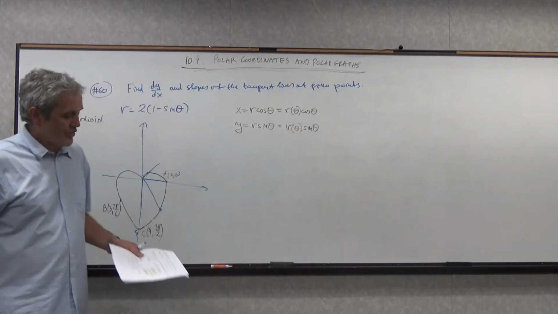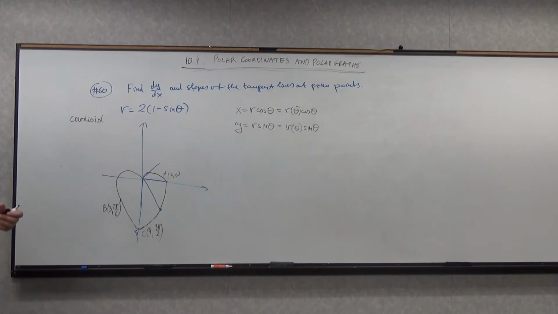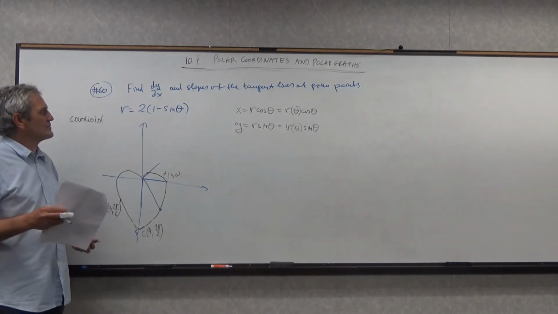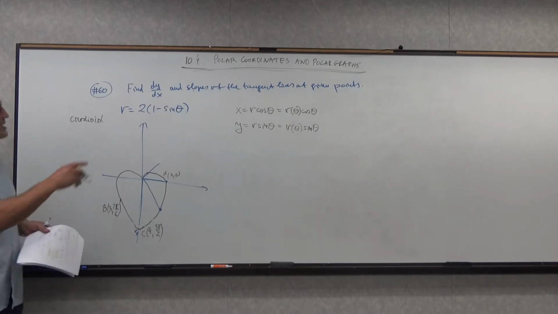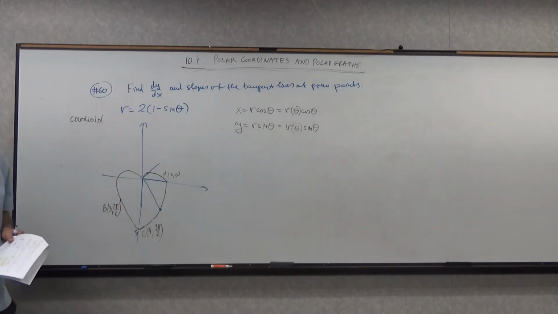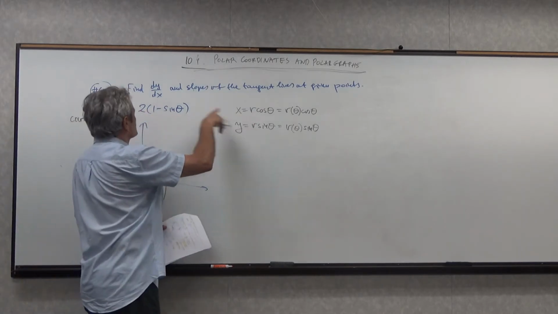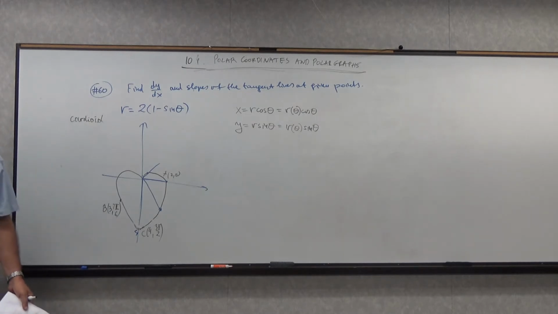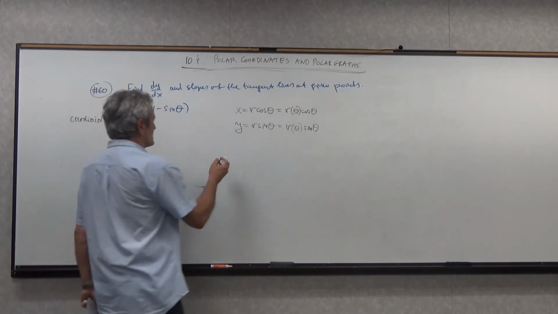So generally I can think of this. This is not the main idea, but I can think of this, that actually my curve is a parametric curve of theta. So x equals this times cosine, y is this times sine. So generally I can use what we learned in the previous section. So we get what?